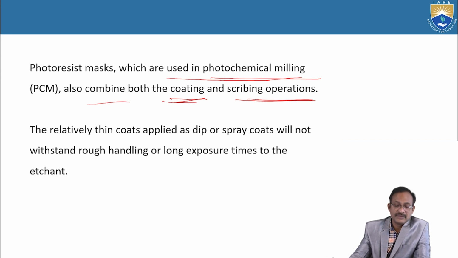The relatively thin coat applied as dip or spray coats will not withstand rough handling or long exposure times to the etchants. So this is an important point.